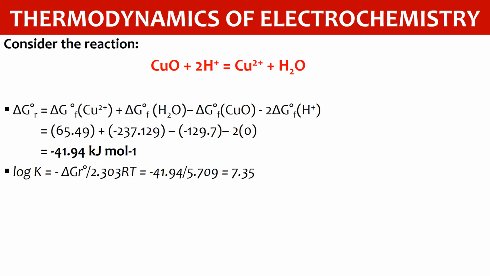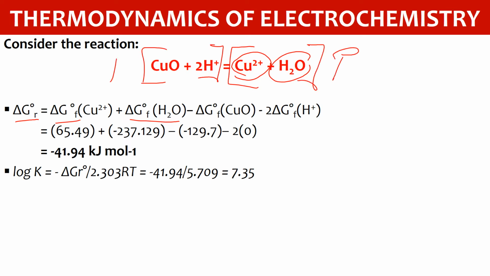So let's consider, for example, this kind of reaction. How do we calculate the Gibbs free energy for this reaction? The Gibbs free energy will be the Gibbs free energy of formation of Cu2+ and also the Gibbs free energy of formation of H2O. These are your products, minus the delta G formation of your reactants.